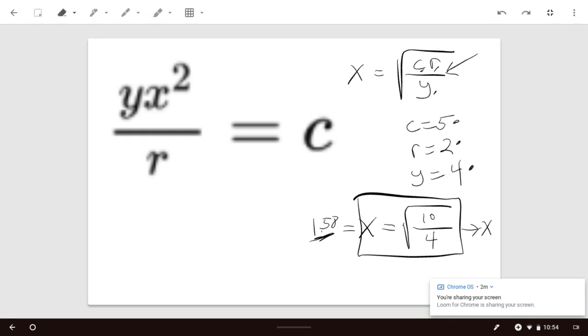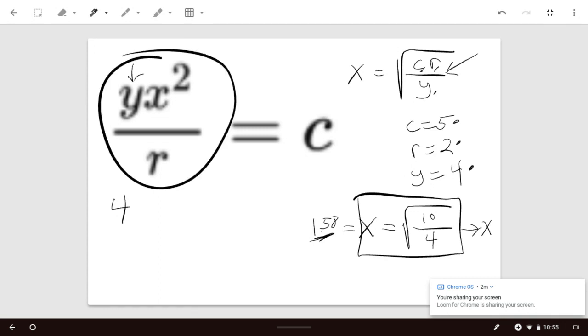All right. So then what you would do is you would go up to the original equation and replace the Y with a 4. And then, well, actually, if you're doing 5 store to C and 2 store to R and 4 store to Y, you would actually just type in this left side. That's going to be the easier way. Yeah.